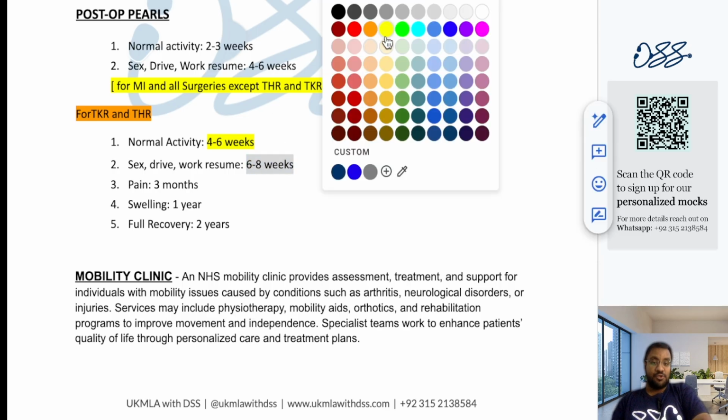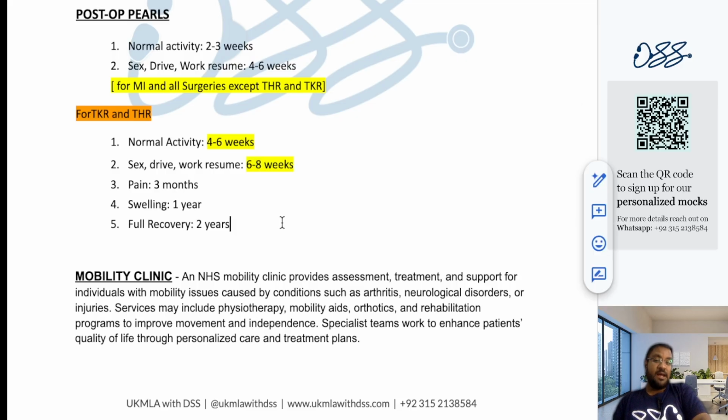You have to have this in mind, because TKR and THR, number one, take much more time in healing. Number two, given the kind of joint that is involved, you cannot just begin your normal activity just like that. It needs more time to recover, more time to get sorted.